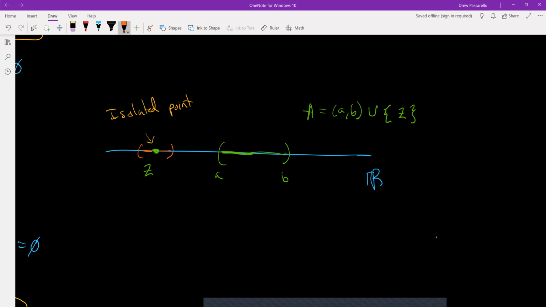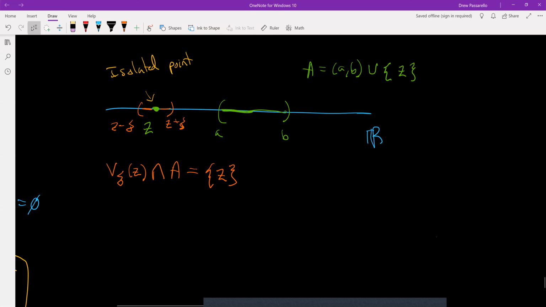So this is Z plus delta, and then this other is Z minus delta. Now the intersection of the delta neighborhood around Z with A is the center point Z itself. So it's only the value Z.